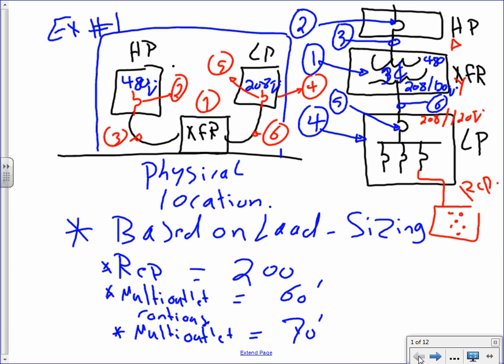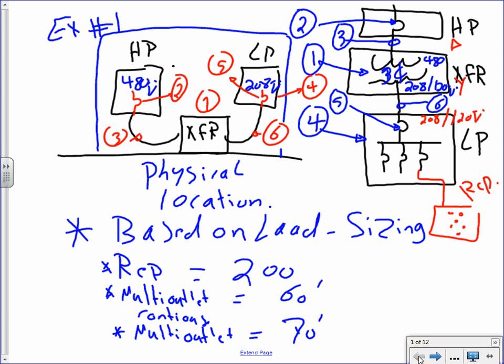We sized the overcurrent device for the primary side of a transformer, the feeder that feeds it. We sized the transformer. We sized the secondary feeder of the transformer that feeds the panel, the overcurrent device inside the panel, and the panel itself. Gentlemen, that's the expectation from a designer like yourself, who does not want to be a drafter for the rest of his life.